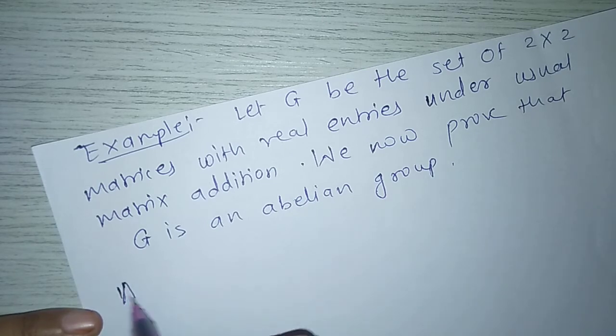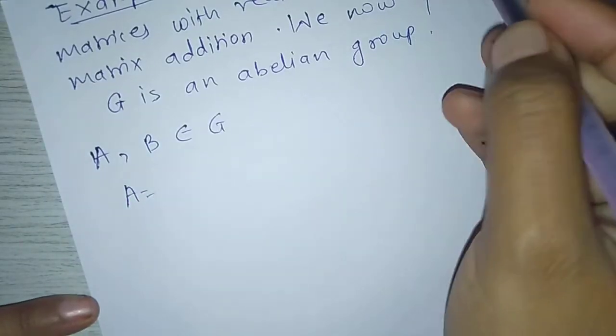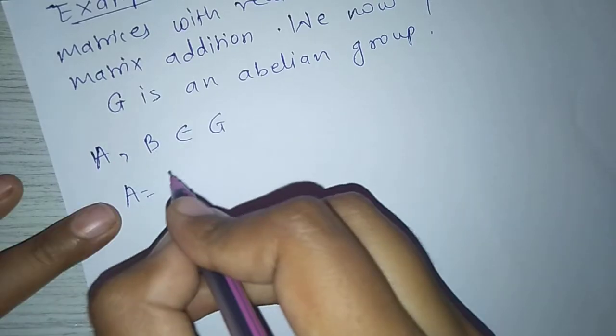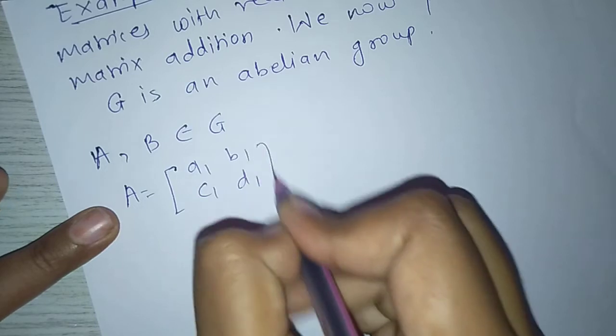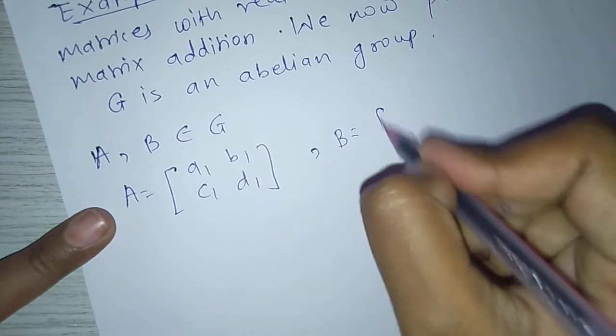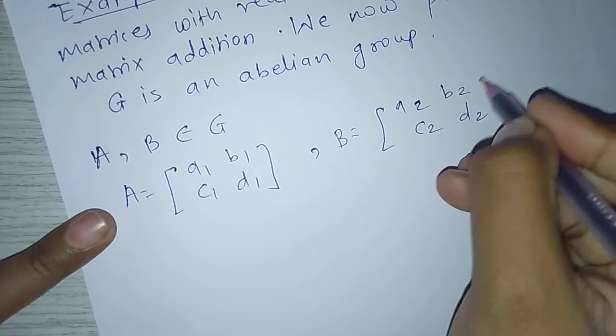First, take two matrices in G, where G is the set of 2 by 2 matrices. A equal to matrix [a1, b1; c1, d1], B equal to matrix [a2, b2; c2, d2].